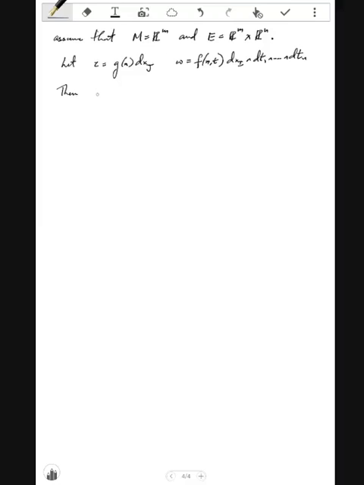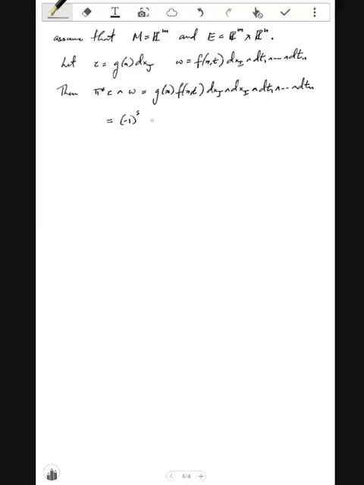Then pi upper star tau wedge omega is equal to g of x f of x t dx_J dx_I wedge dt_1 wedge ... dt_n. So if I intersection J is non-empty, then this is 0.